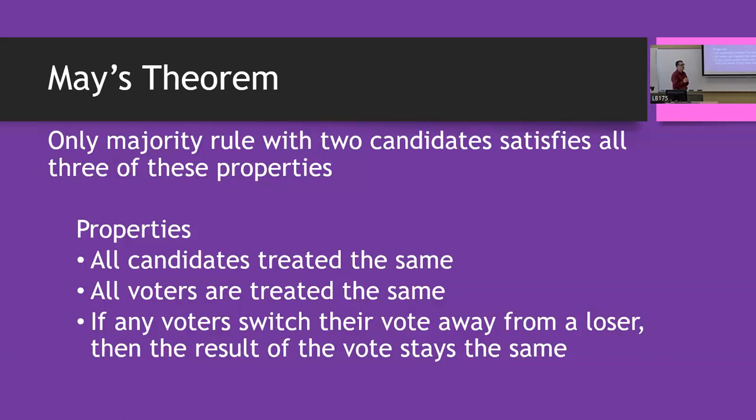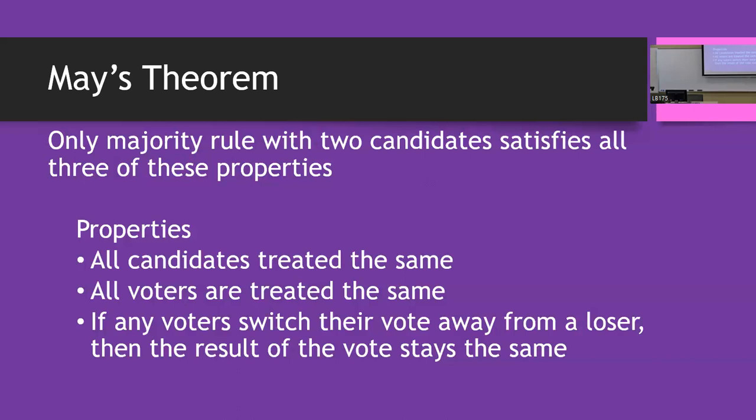Okay. Now, if you think about that third property, why that's nice is because I don't tend to game the system in that regard. If I am a voter and I know that switching my vote away from a loser doesn't change the result, then I'm free to vote for that loser. And I don't need to second guess myself.